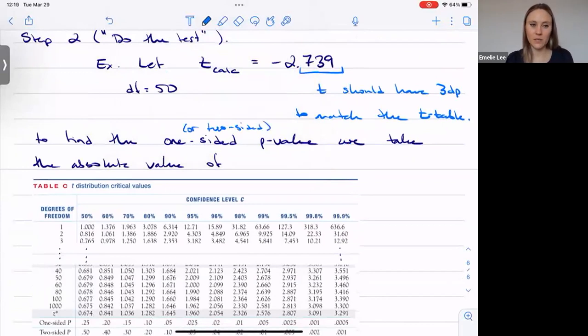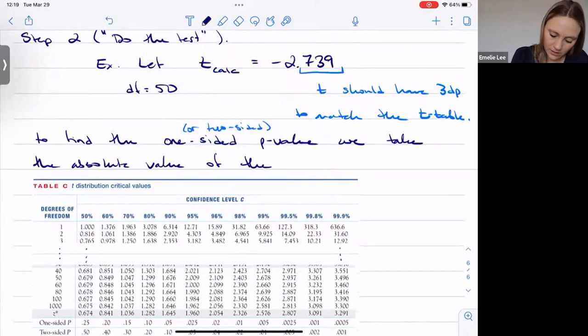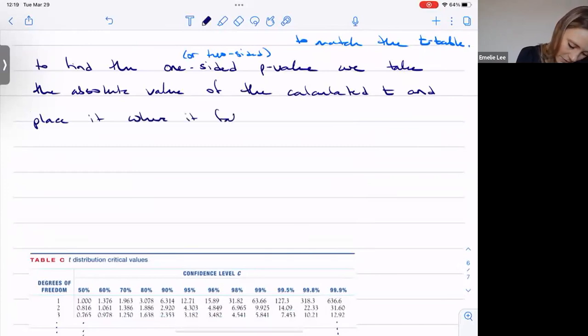To find the one-sided p-value, we take the absolute value of the calculated t and place it where it falls in the t table.